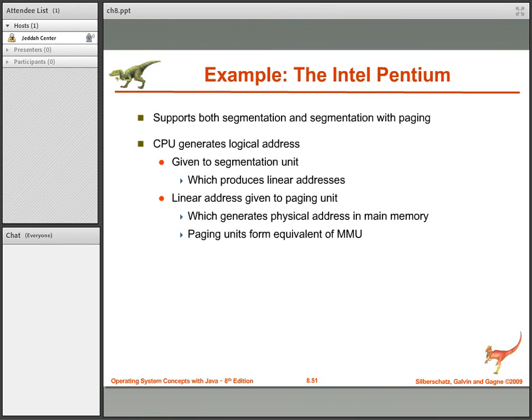The linear address that is produced is given to a paging unit. This paging unit generates a physical address in the main memory. The paging unit forms the equivalent of the memory management unit.